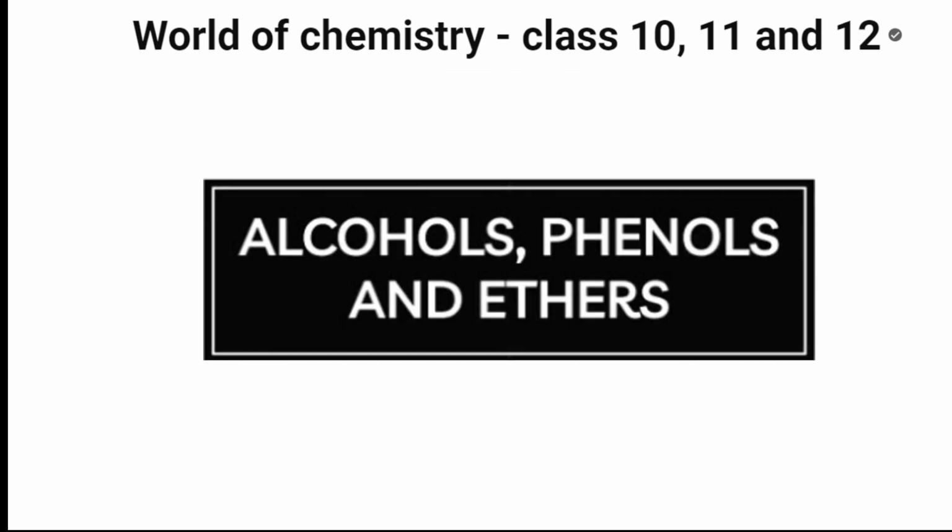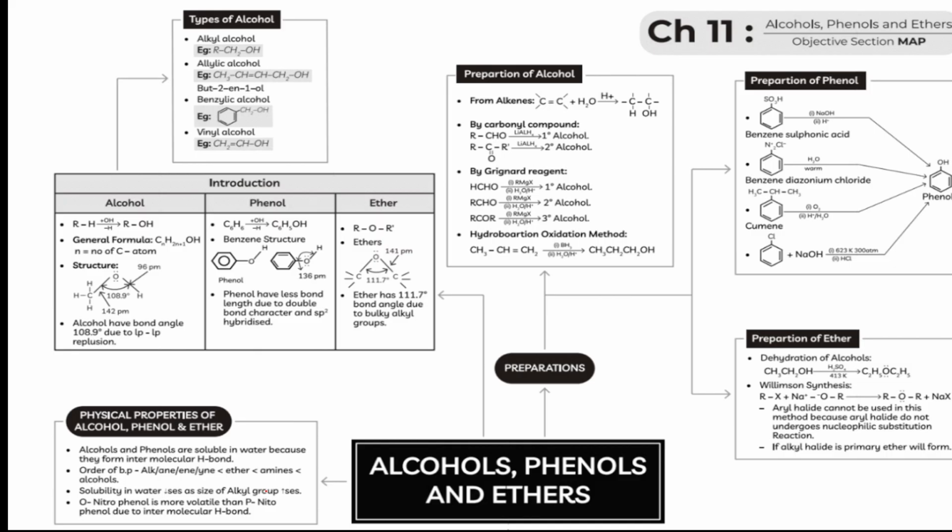Easy. Let's come to the next chapter, alcohols, phenols, and ethers. This chapter is your chapter 11. Again, the whole concept map is here, students. Starting from the types of alcohols, the introduction to alcohols, phenols, and ethers, along with bond angle questions. Then preparations from alkenes, from carbonyl compounds, Grignard's reagent, hydroboration oxidation reaction.